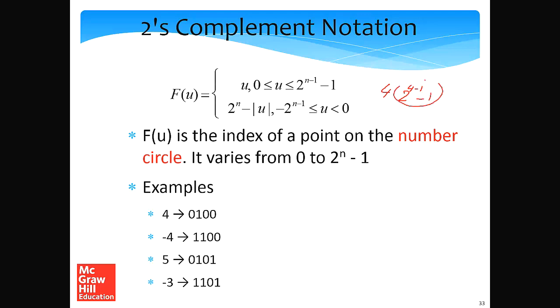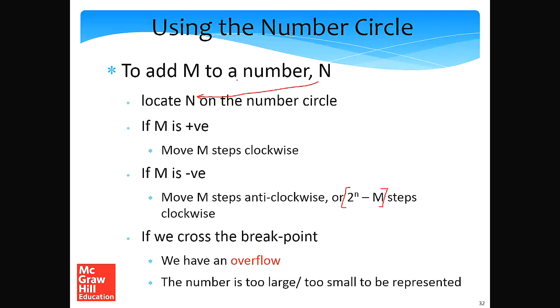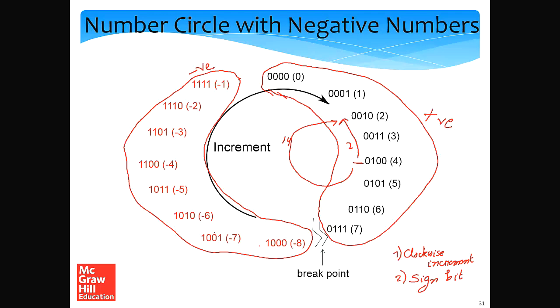So this comes out to be 2 to the power 3, 8 minus 1, which is 7. As long as a number is between 0 and 7, all inclusive, we will represent it as u, which is exactly what we are doing in the number circle. A number between 0 and 7 is represented as the unsigned binary representation of the number itself.